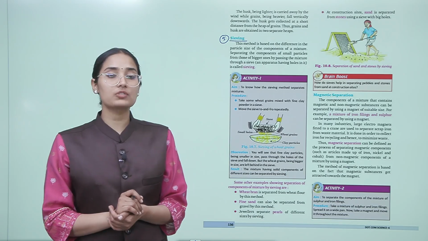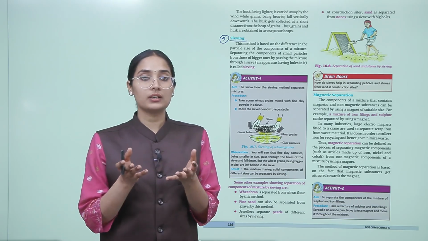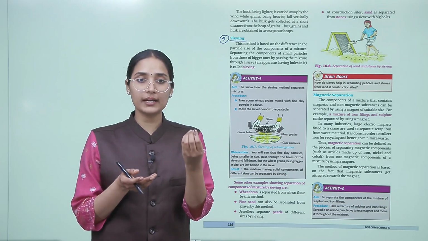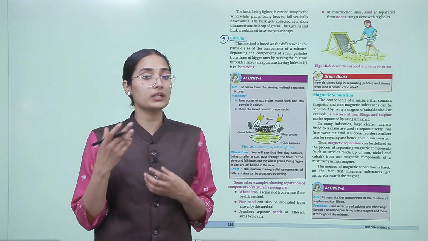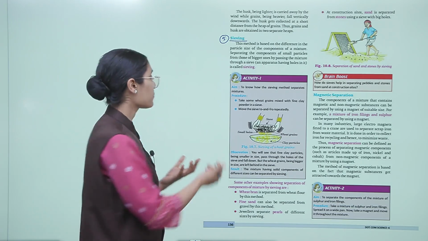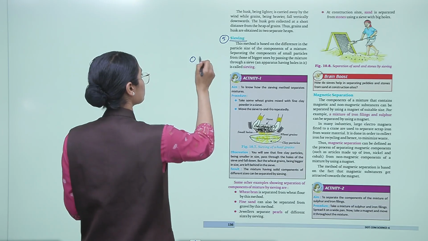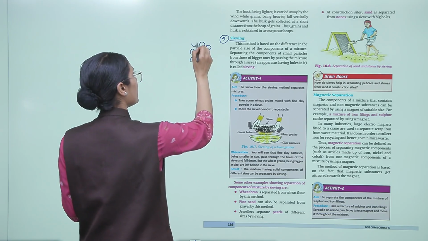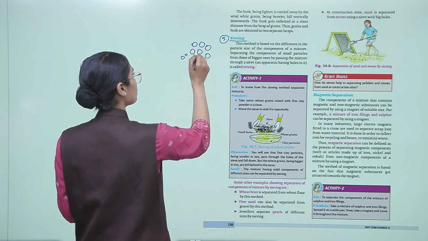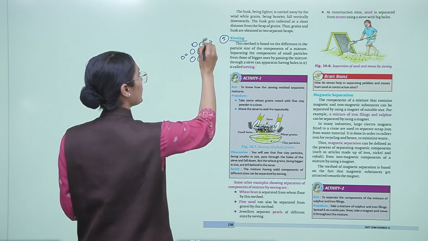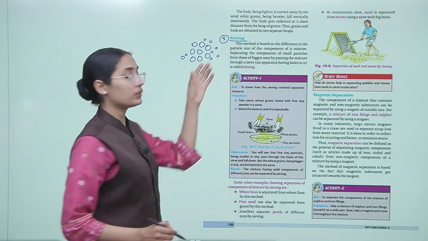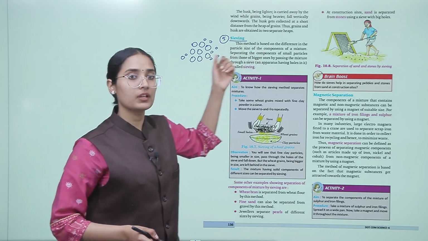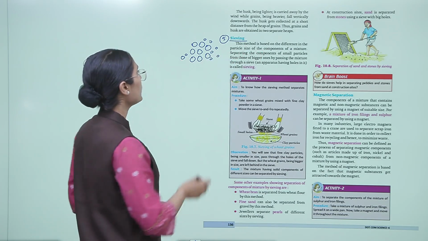So basically, what is sieving? We want to separate one kind of particle, right? Let's say there is a mixture in which two components are present, one of this size and one of smaller size. When we use this method to separate this mixture, what will happen?